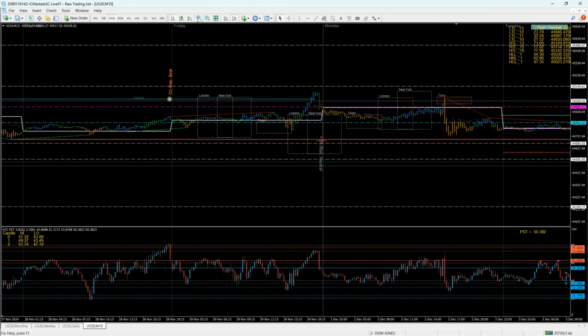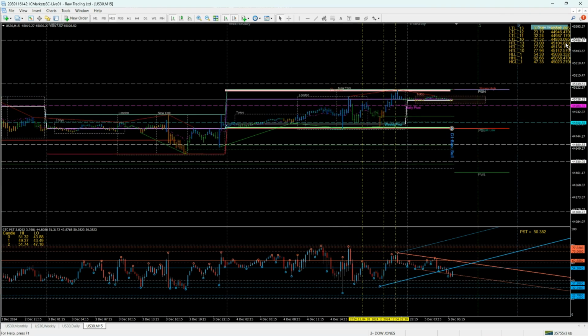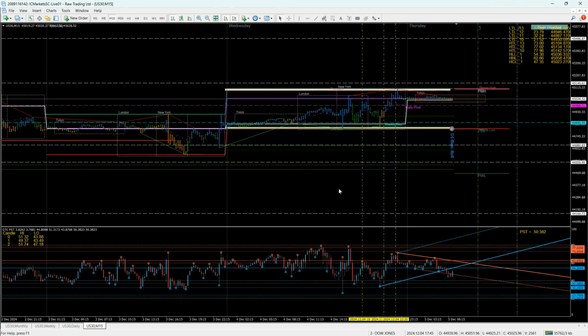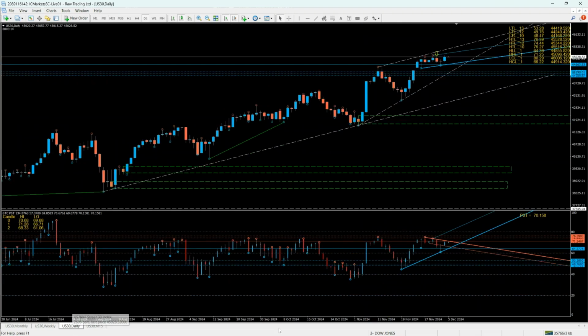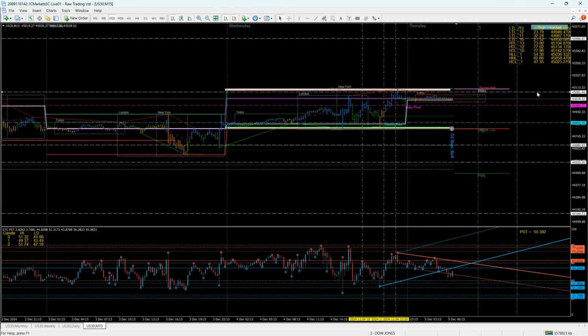So on the Dow Jones, let's make this a little bigger. That still has room to push up. Now that's a bit of a tricky zone here, so I don't like it when we're on a PST. We can break it on a pullback. I'm happy to go long, but this 71 is 45,096 for today. Remember, we are always updating the daily ones on a day-to-day basis. So that's already done yesterday.